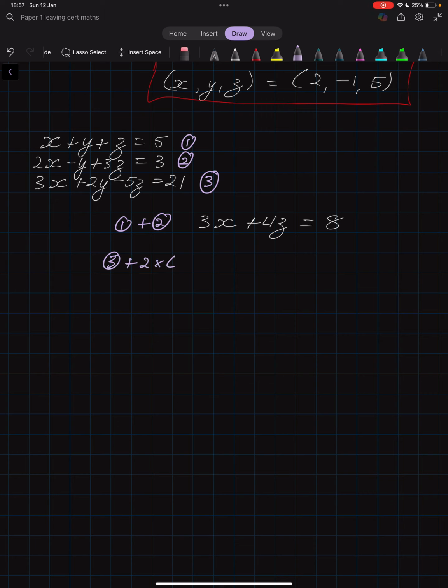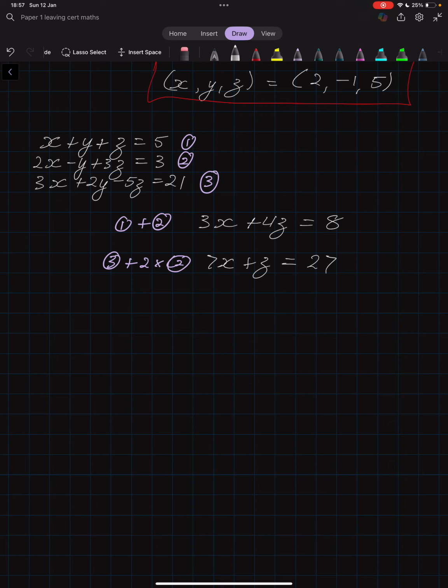So this gives me 3x plus 2 times 2x, so 4x, so it's 7x. 2y minus 2y is 0, minus 5z plus 6z is plus z, and 21 plus 2 times 3 is 6, so 27. Okay?